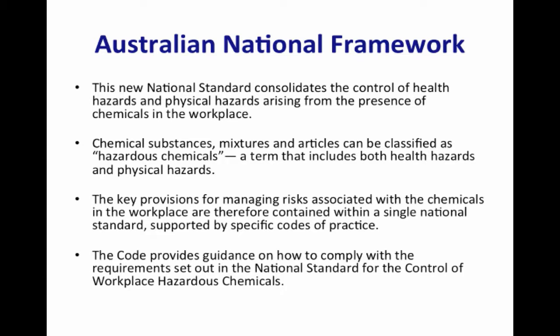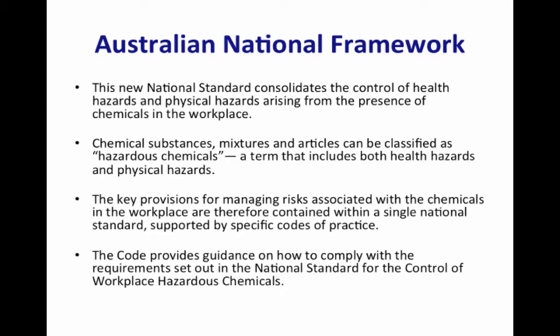The new national standard consolidates the control of health hazards and physical hazards arising from the presence of chemicals in the workplace. Chemical substances, mixtures and articles can be classified as hazardous chemicals, a term that includes both health hazards and physical hazards. The key provisions for managing risk associated with the chemicals in the workplace are therefore contained within a single national standard, supported by specific codes of practice.